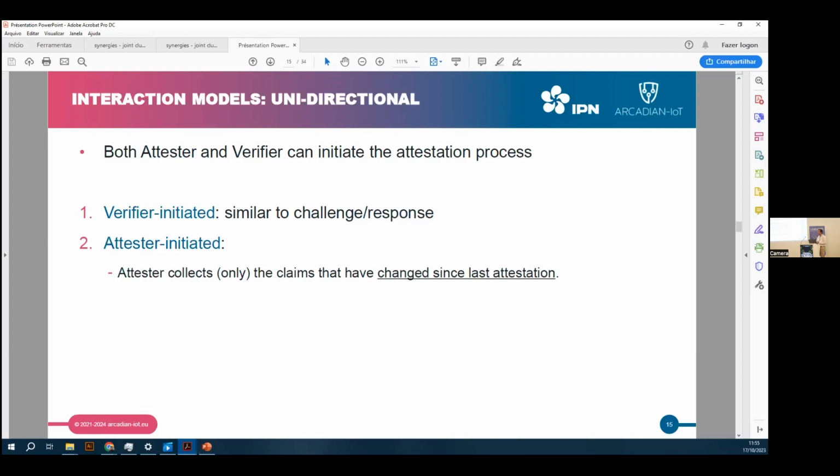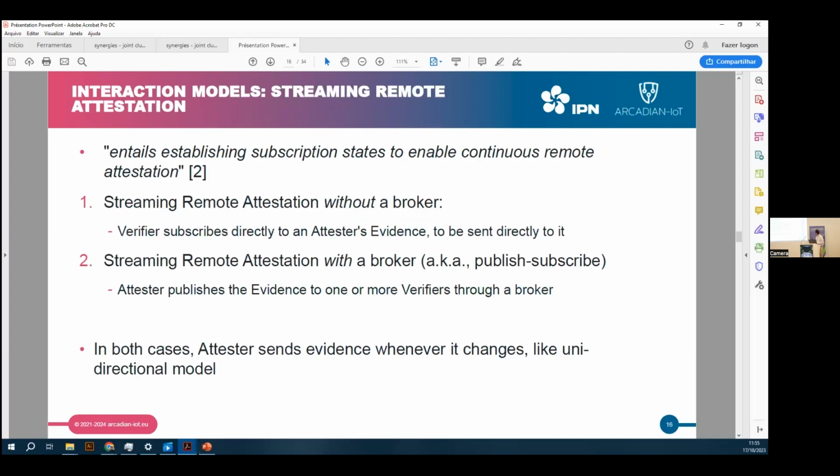Finally, the third and last mode is the streaming mode, remote attestation, and it essentially entails establishing a subscription state in order to enable continuous remote attestation. So there are again two subclasses or two options.